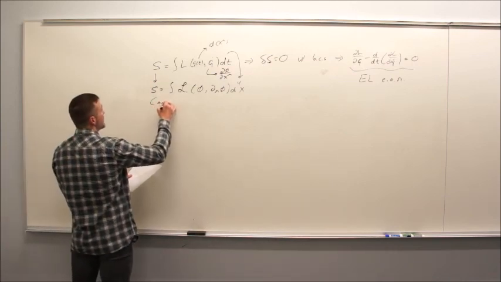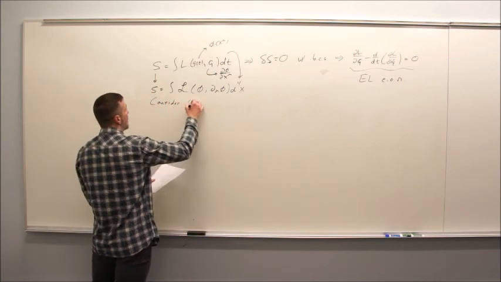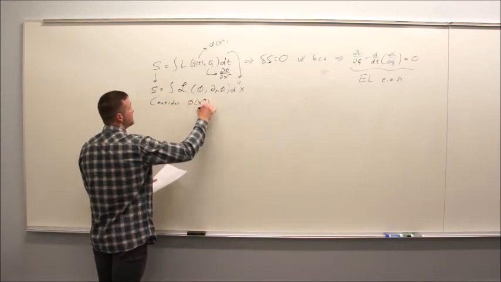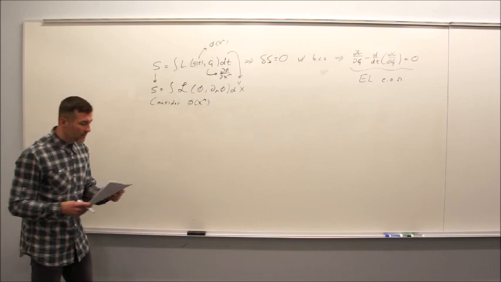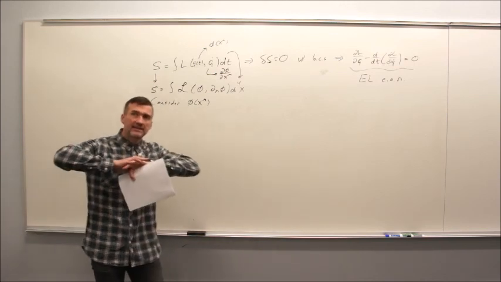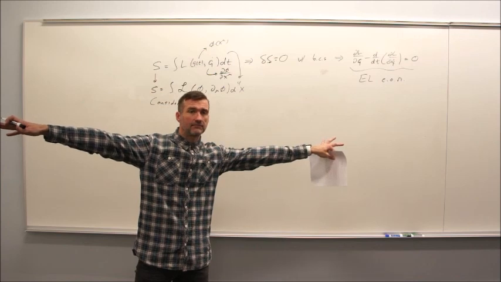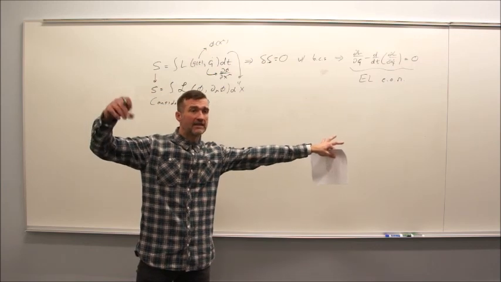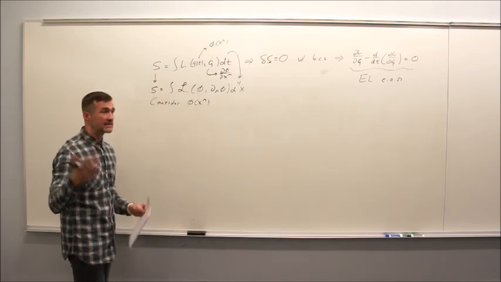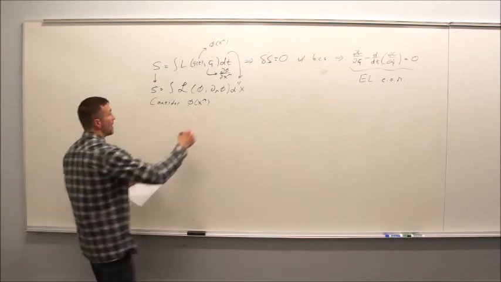So what we're going to do is consider a field configuration phi of x mu, and you can literally think of this as a function phi which is defined everywhere in space-time. So it's got a value at each point x mu, where x mu has x, y, z, and t components.